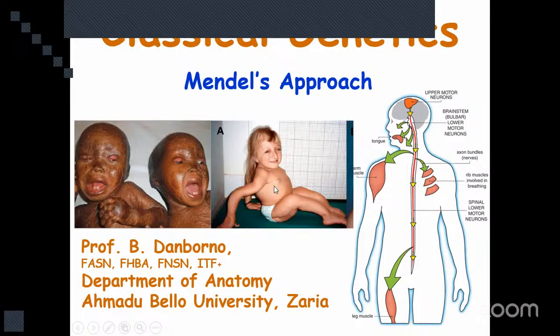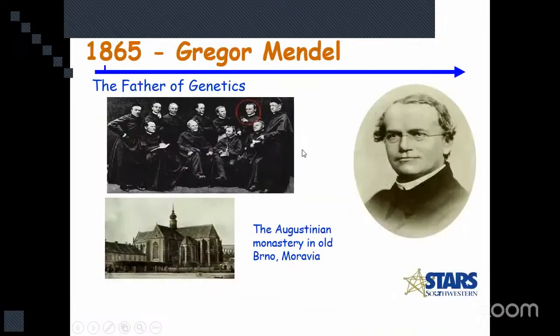And this other girl here is suffering from a dominant condition known as osteogenesis imperfecta. And then a classical scenario is what we call the upper and lower motor neuron disease, which are classical examples of monogenic disorders too. So we'll see as we proceed from there.